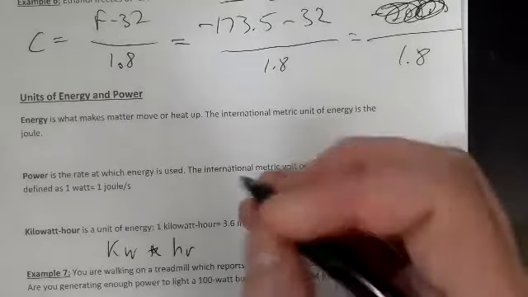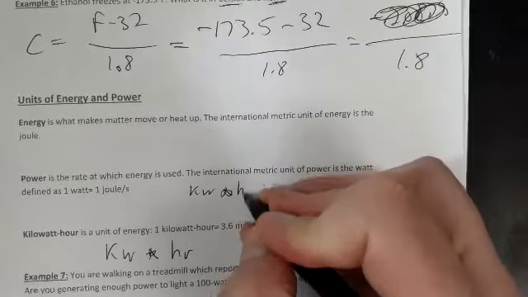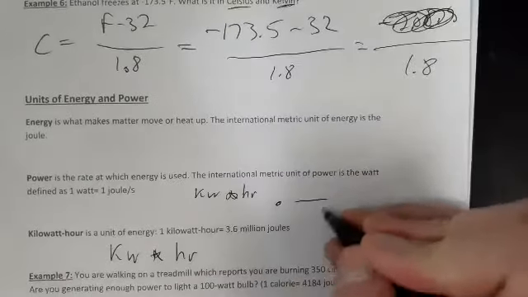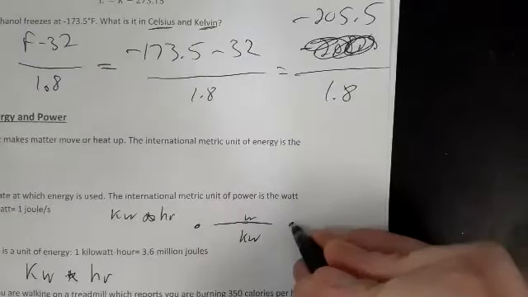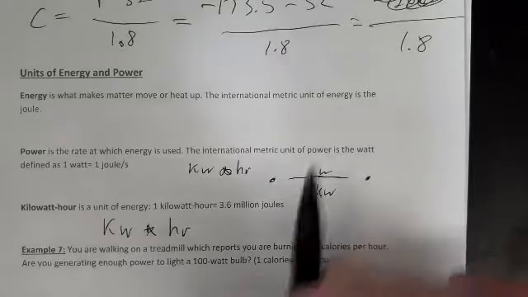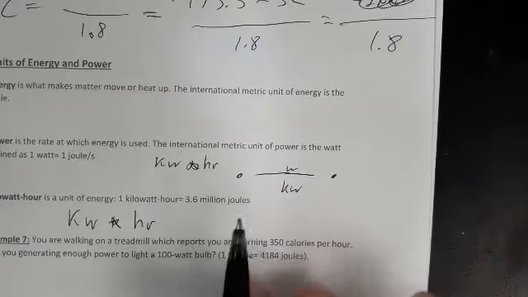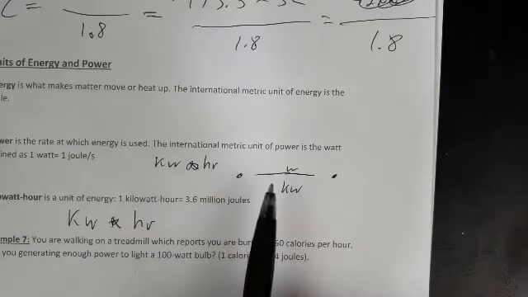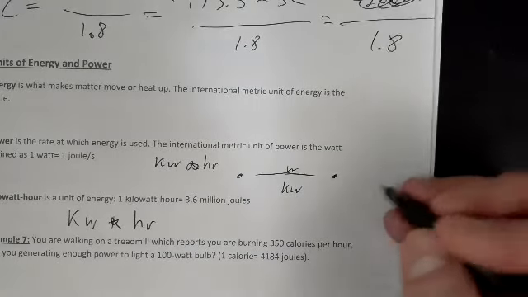So if we think about this, I have kilowatts times hours, but I can convert from what? Kilowatts to watts. I don't want to do the measurement, but I know I can convert from kilowatts to watts, and I know I can convert from what? From watts to joules per second. That's a weird thing.